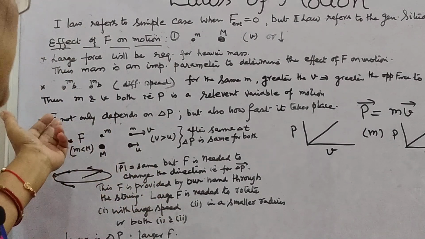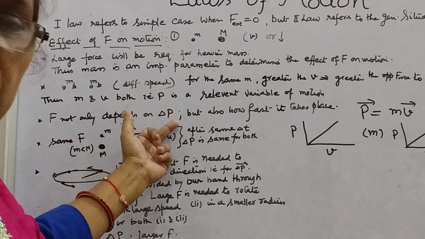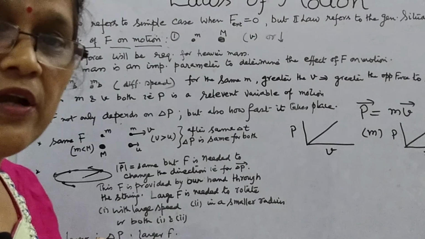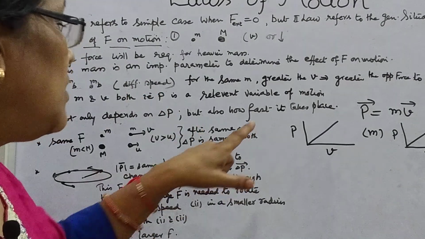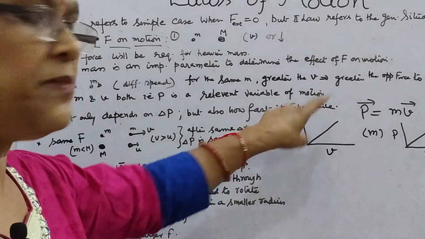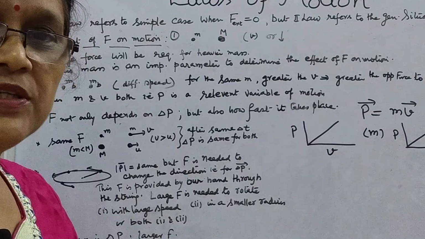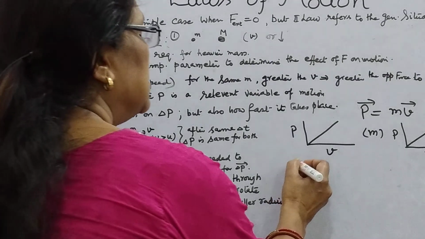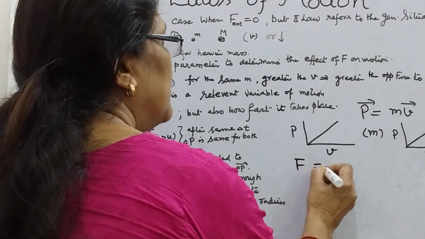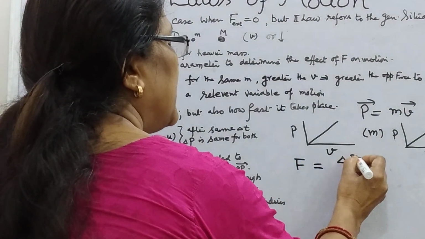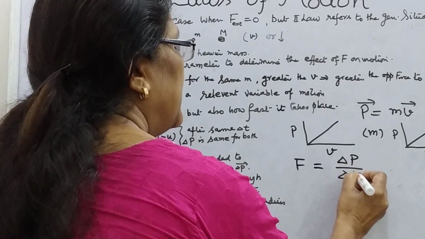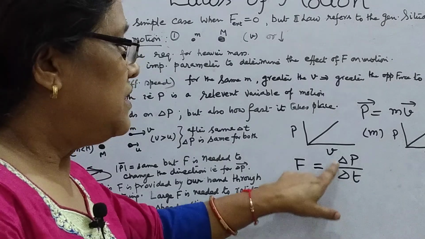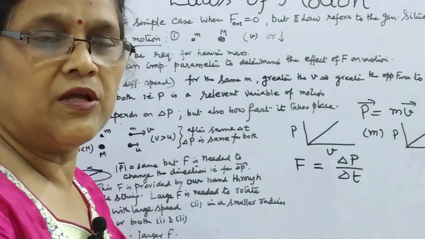Force depends not only on change of momentum, but also on how fast it takes place. How can you say this? Rate. The second law is written as force applied equals rate of change of momentum. Rate means change delta p upon time interval delta t.